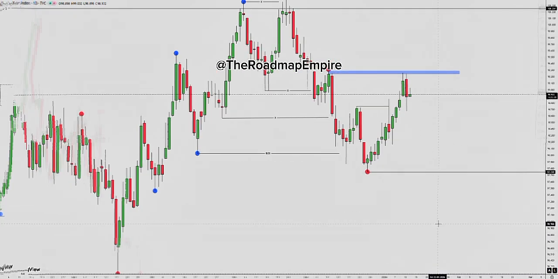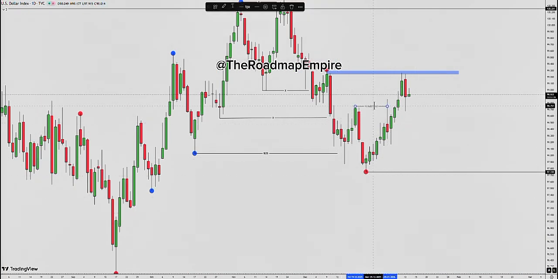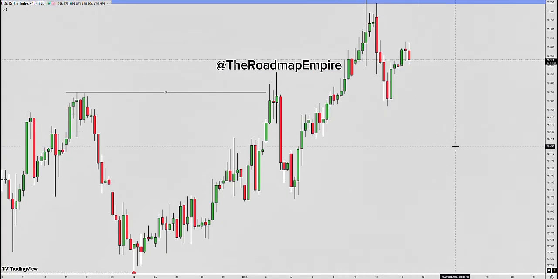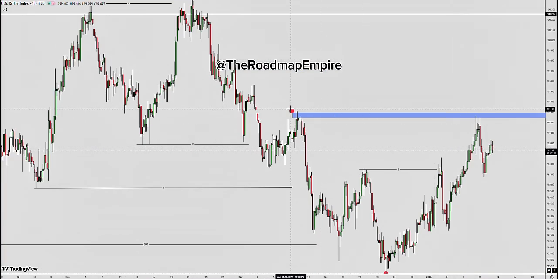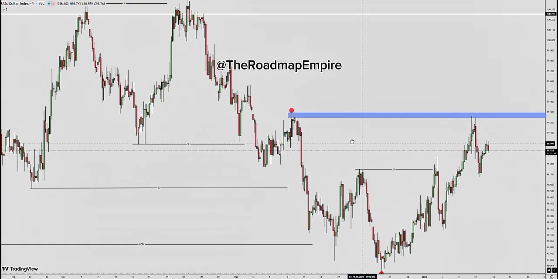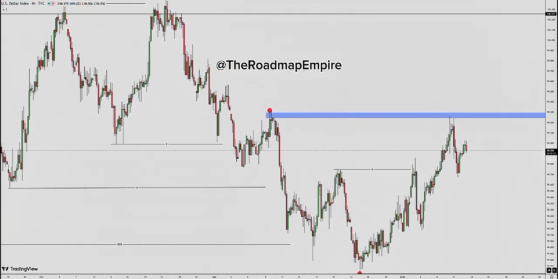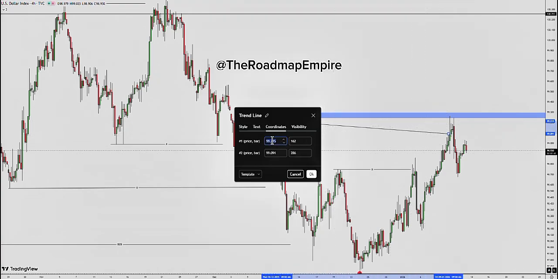So we want to see price move further to the downside, since we are totally bearish. From the daily time frame, we are bearish. So if we were to trade the dollar, it will be in favor of other currencies.